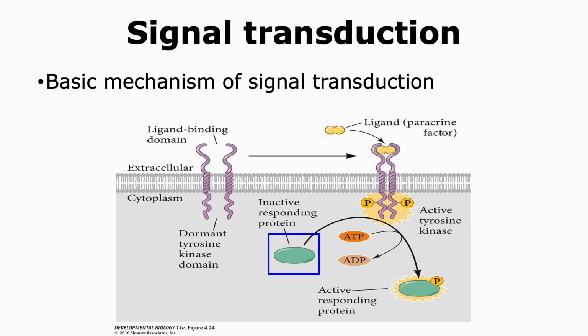In this case, since it is a kinase, it can add a phosphate group to a protein. This protein present in the cell is inactive when it is not phosphorylated. However, upon phosphorylation, it becomes active. And now this phosphorylated protein can relay the signal by activating other kinds of proteins.